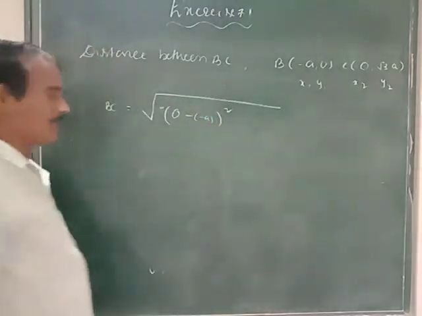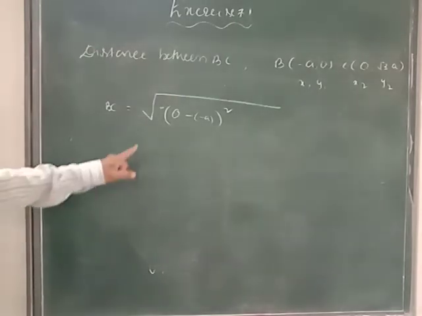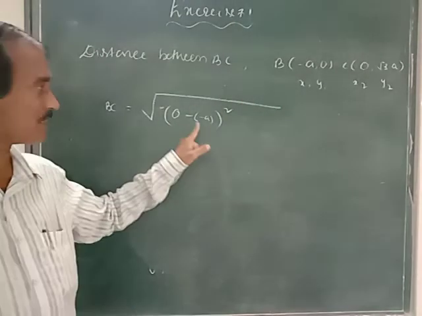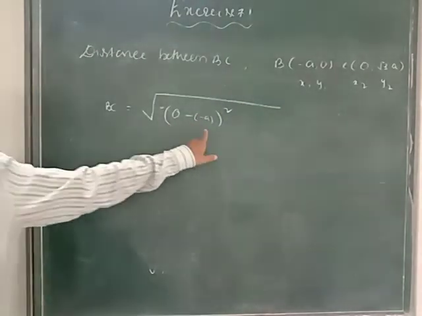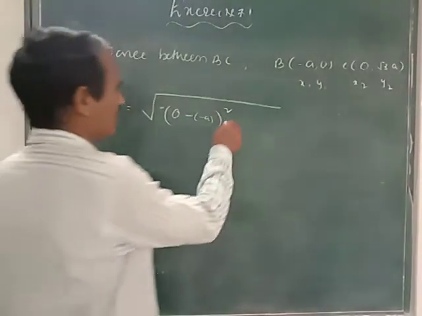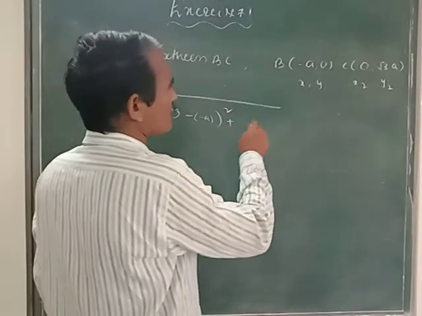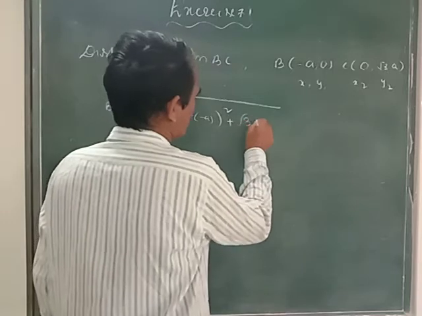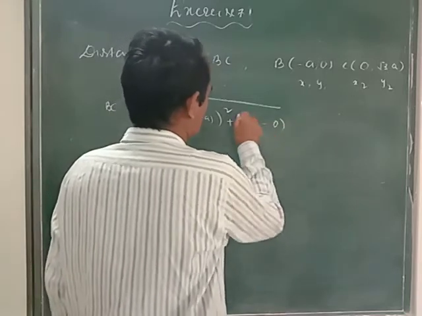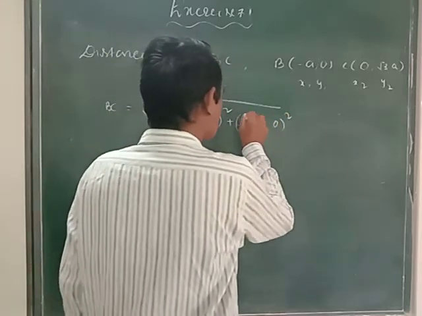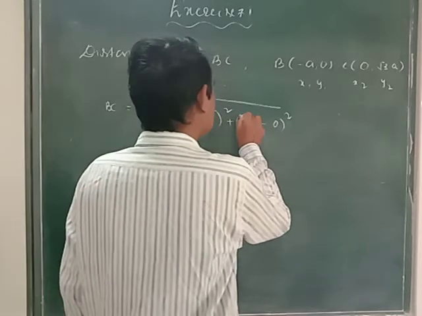When minus comes, keep the bracket. x1 value is minus a, right? Then y2 minus y1, root 3a minus 0 whole square.